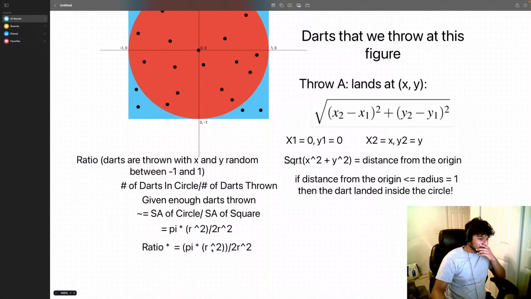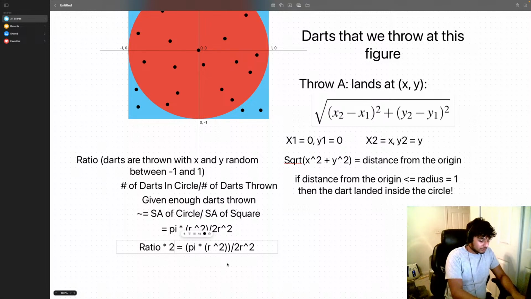We have pi r squared divided by 2r squared. So the ratio times 2r squared, we remove this, right?